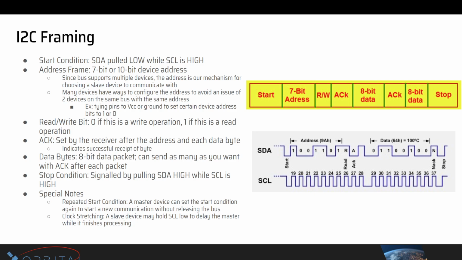So if the device needs more time, it's allowed to just hold this clock line low to delay the master while it finishes processing.